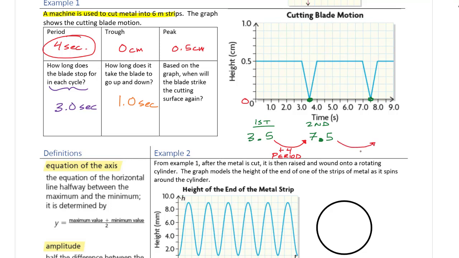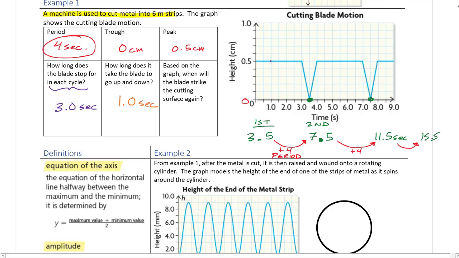Just add the period and you can find it. So 7.5 plus 4 is 11.5 seconds. We could do this all day: if we want the next one, we add another 4 and get 15.5 seconds, and so on.